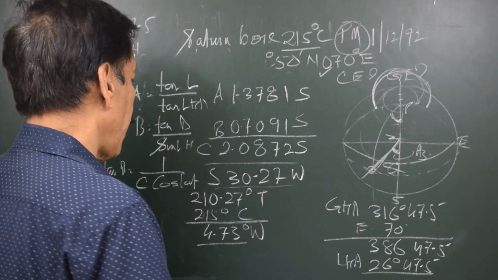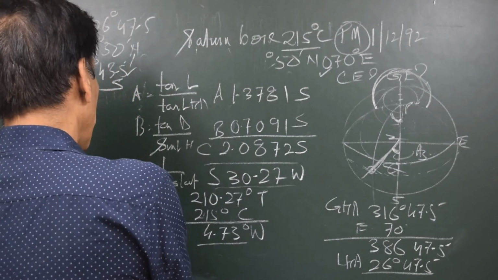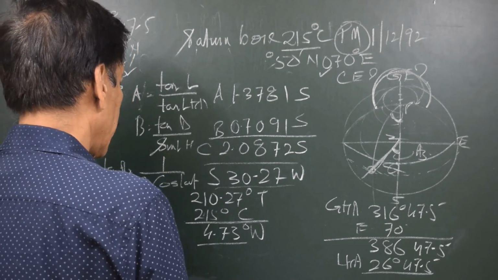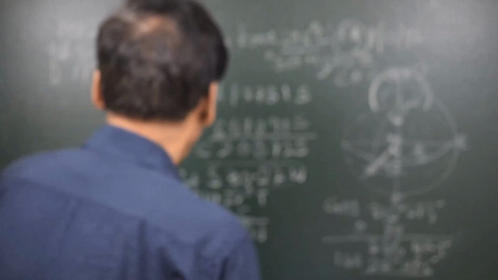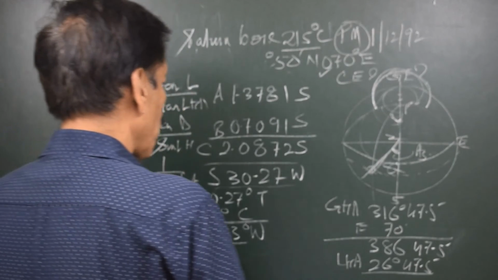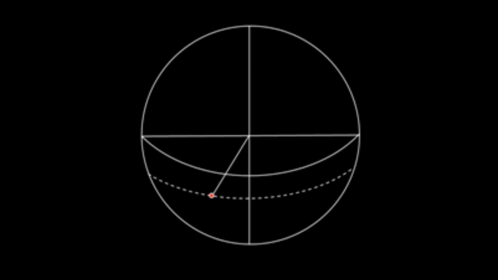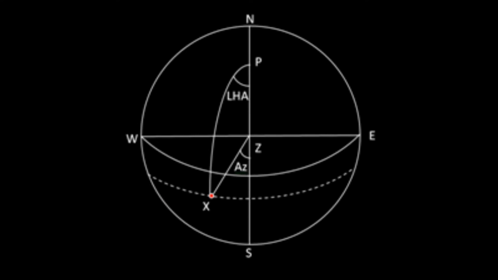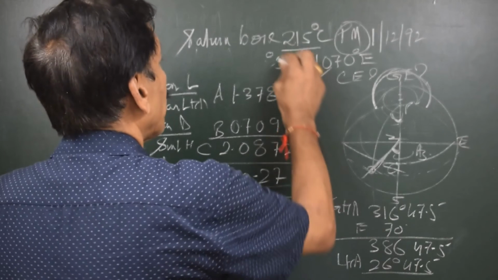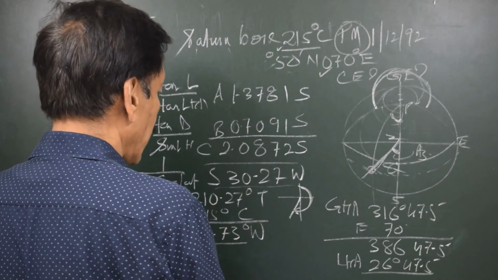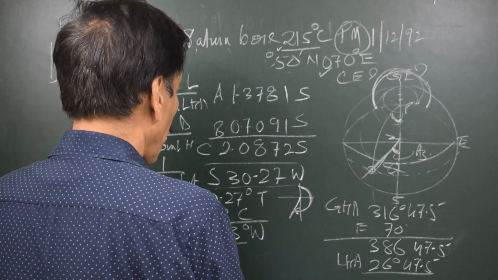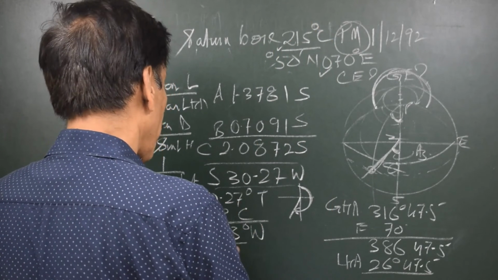By putting in this formula, tan azimuth equals 1 upon C cos lat, what I get is the azimuth south 30.27 degrees west. In three digit, it becomes 210.27 degrees. When we say true azimuth is 210.27 degrees, the compass azimuth was 215 degrees compass. So the error is 4.73 degrees west. Compass west, error west.